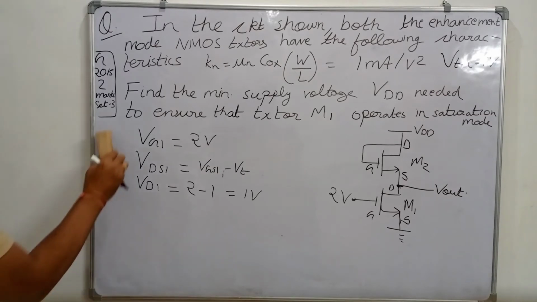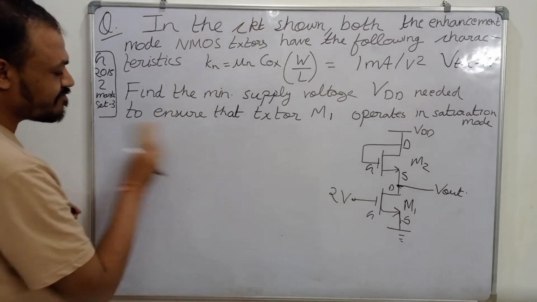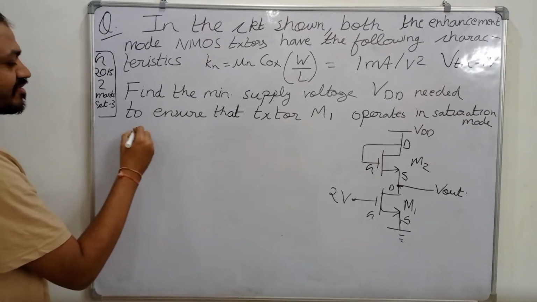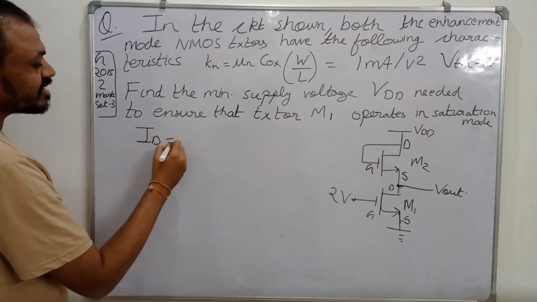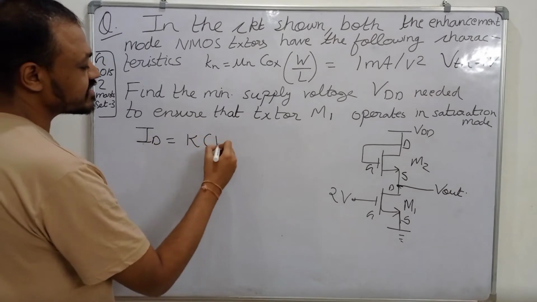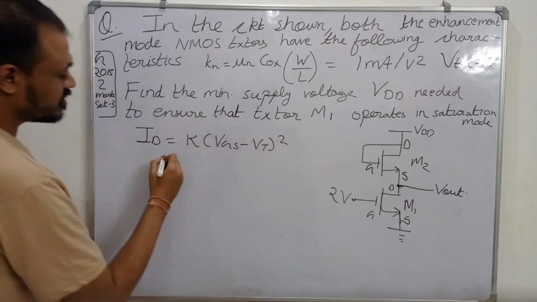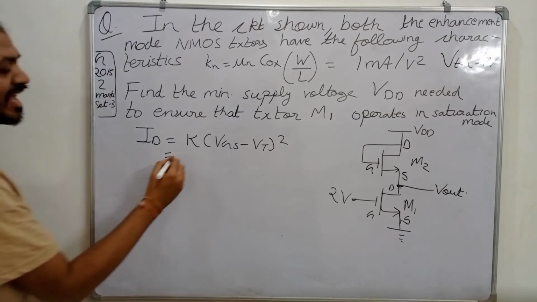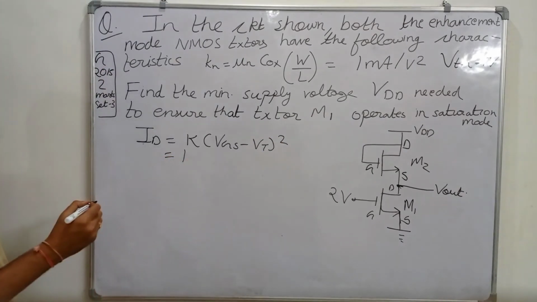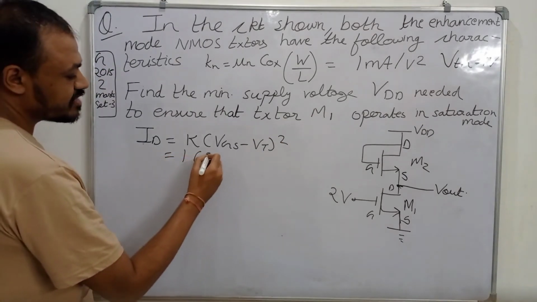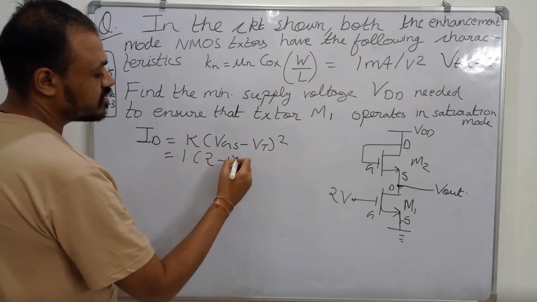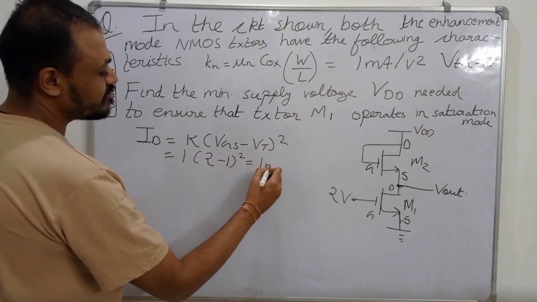So the transistor M1 is in saturation. So ID1 will be equal to K into VGS minus VT square. K is given as 1 milliampere per volt square, so we write it as 1. VGS is given as 2, VT is 1, square. So this will be equal to 1 milliampere.